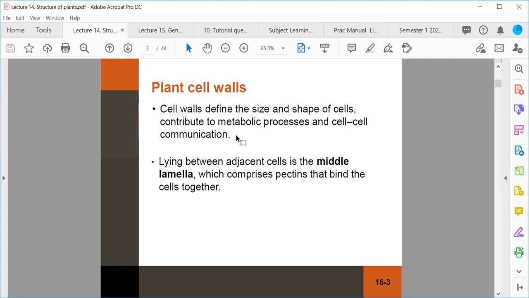So the plant cell wall functions as an extracellular matrix, similar in a way to what we find in between animal cells, but a lot more rigid. Lying in between adjacent cells is a region called the middle lamella, which is made up of a complex polysaccharide called pectin. And this pectin binds cells together.